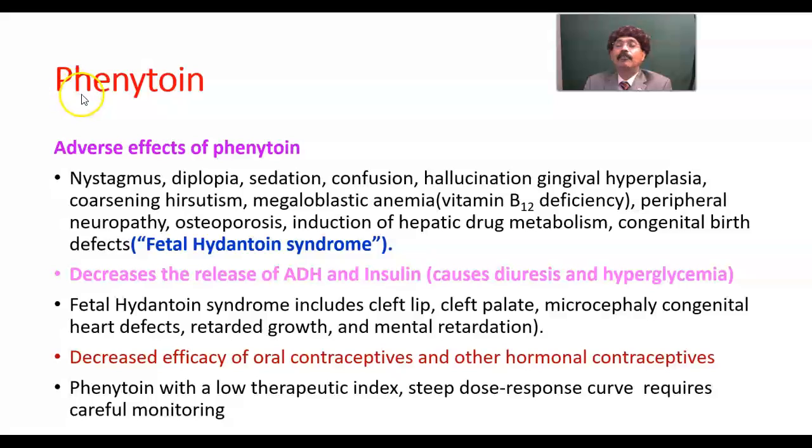What are the adverse effects of phenytoin? It may cause nystagmus, an involuntary oscillatory movement of the eyeball; diplopia, that is double vision; sedation, confusion, and hallucination, which is a false sensory perception.